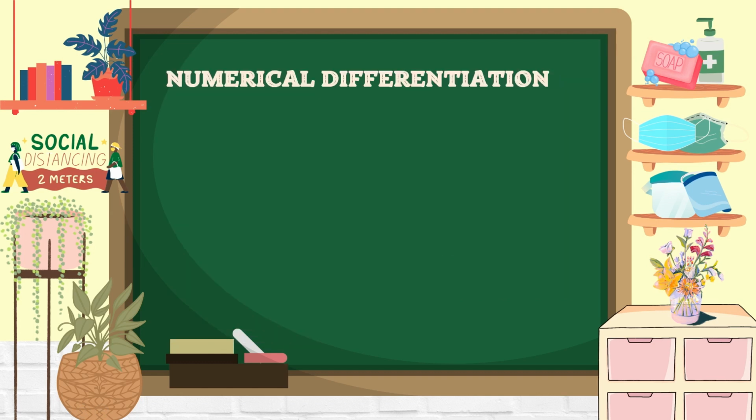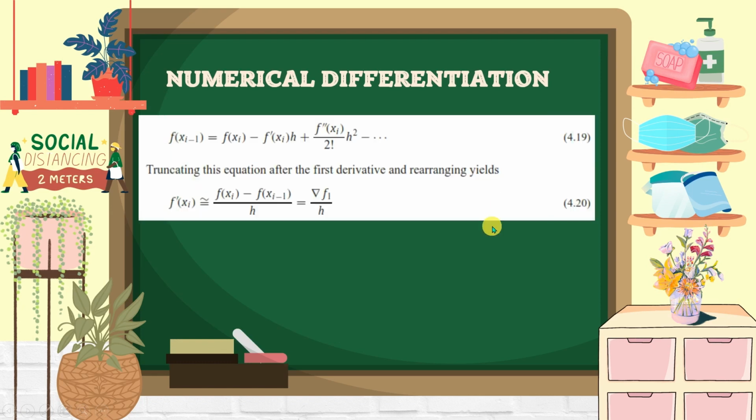So the Taylor series can be expanded backward to calculate the previous value on the basis of the present value as in equation 4.19. The function f(x_{i-1}) is equal to f(x_i) minus f'(x_i) h plus f''(x_i) over 2 factorial h squared and so on until the nth term.